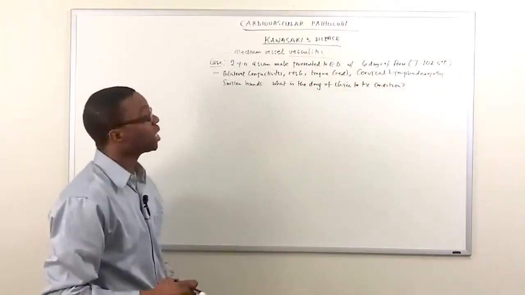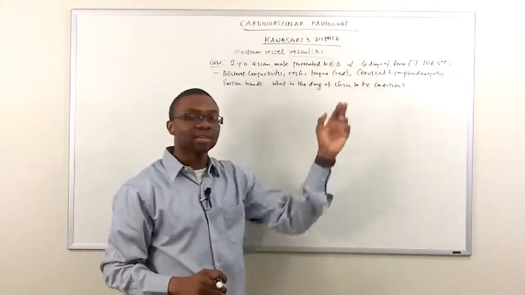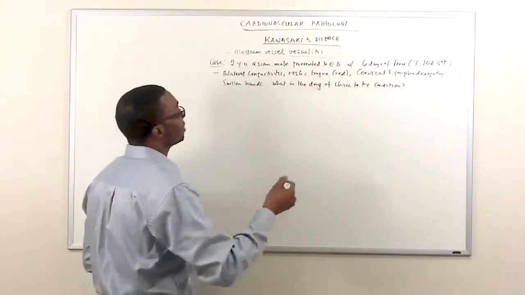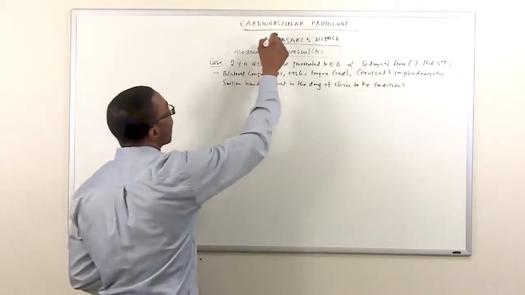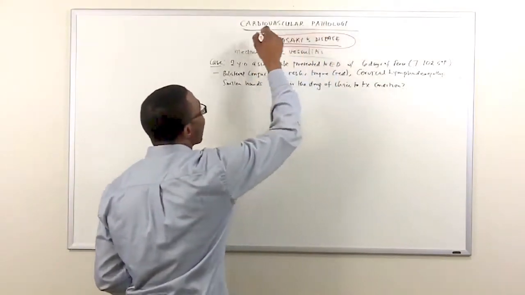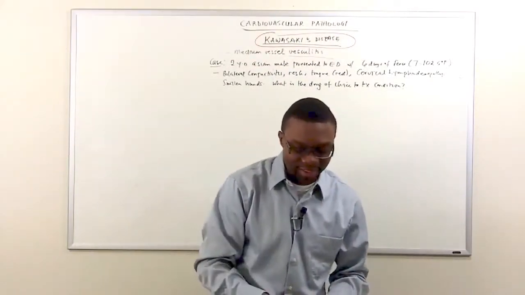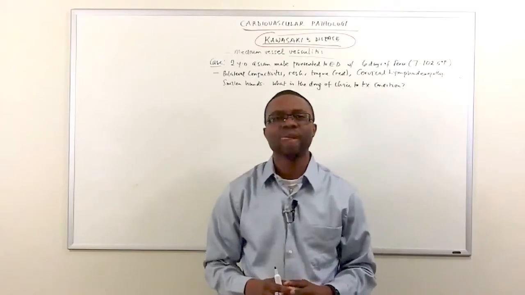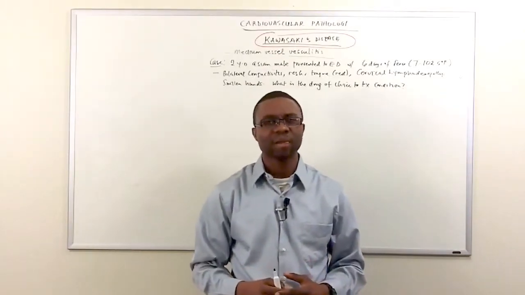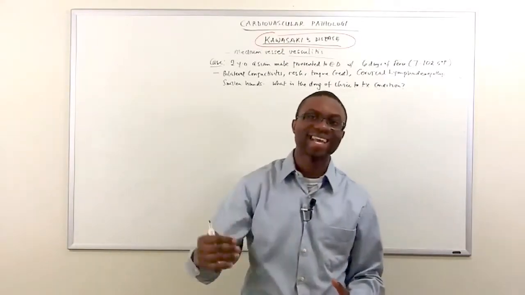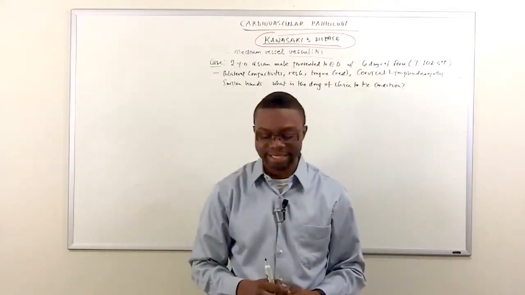Well, since you already know the title of the lecture, you can bet you guessed the answer right. The diagnosis is Kawasaki's disease. Now, Kawasaki's disease is a very, very interesting disease. They love to test Kawasaki's because they can either test you on how to diagnose the condition or what medications you need to treat the disease.